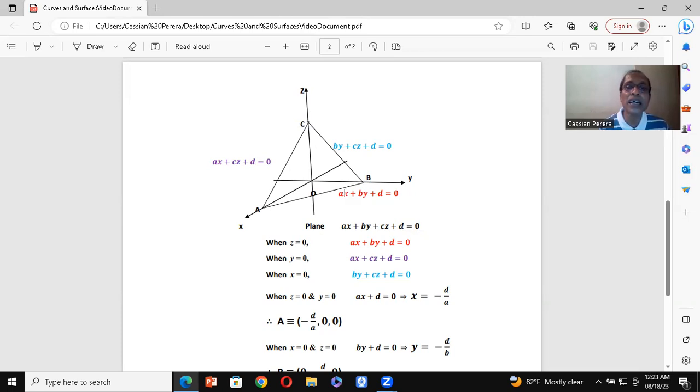Therefore, we can see this plane is actually parallel to the z axis.